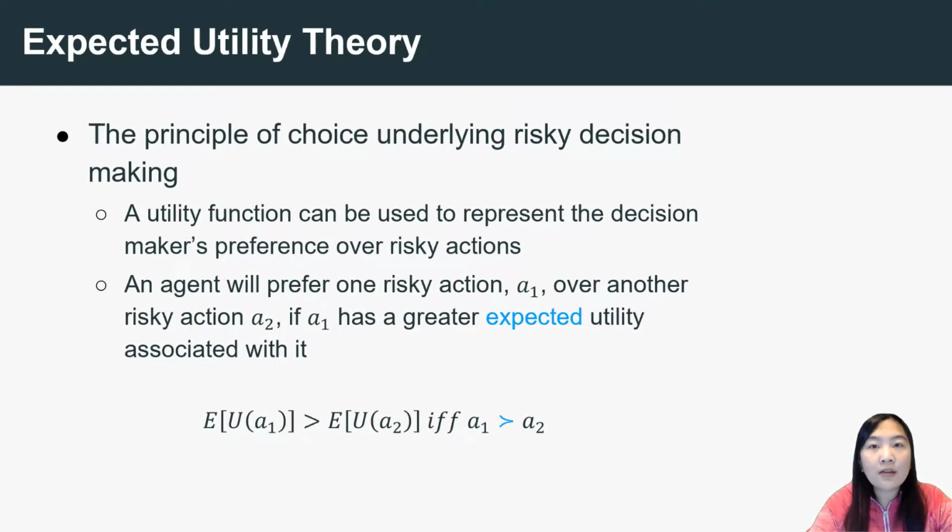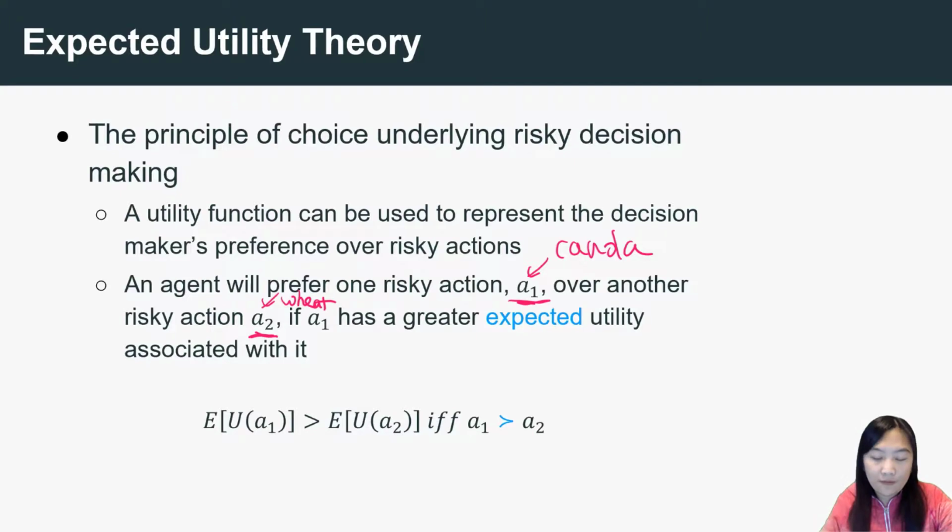So when we have two risky alternatives here, for example, A1 and A2, you can think of A1 as growing canola and A2 as growing wheat. Both are risky actions. If that's the case, how will the producer decide to grow canola or wheat?